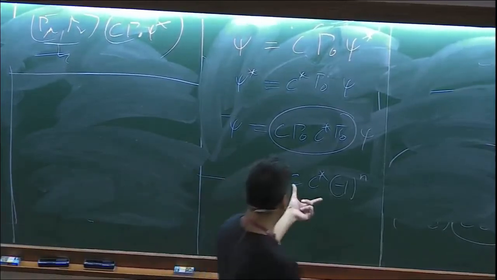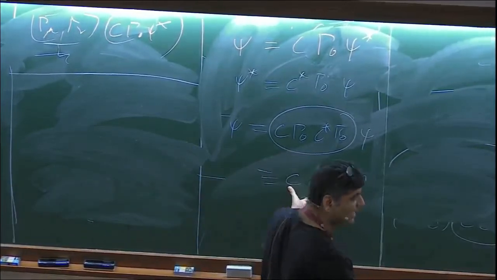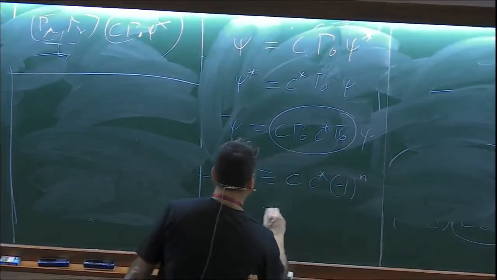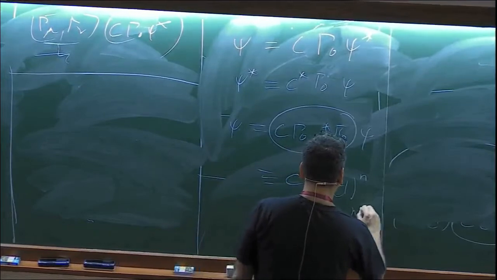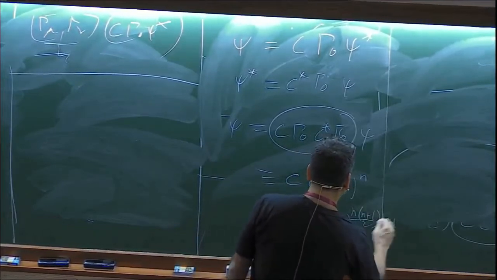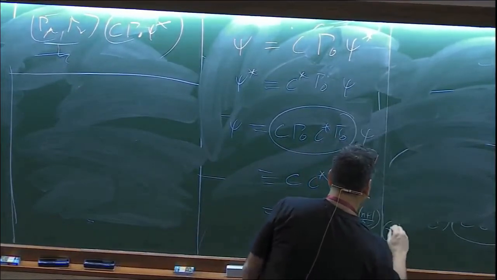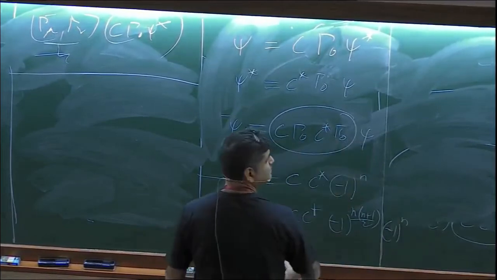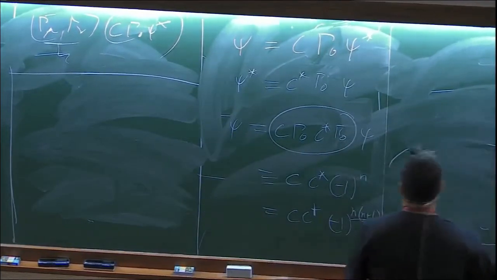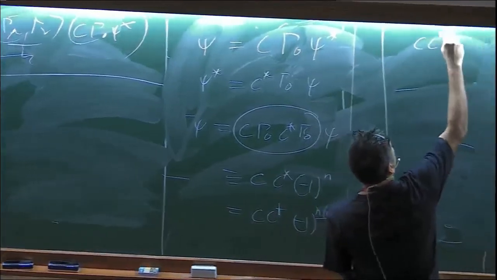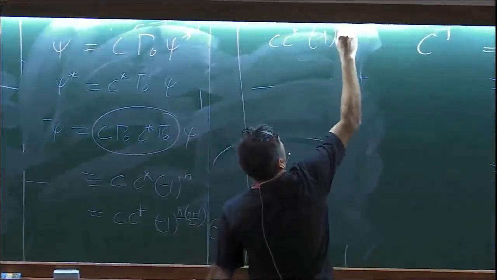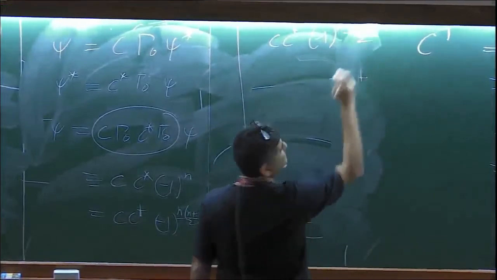Now, we already checked, C hasn't changed, we already checked that this quantity is equal to C dagger into minus 1 to the power n into n plus 1 by 2 into minus 1 to the power n. And so, this is the same as C dagger into minus 1 to the power n into n minus 1 by 2.